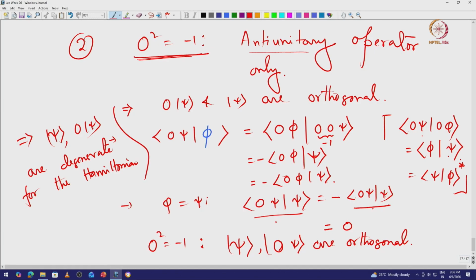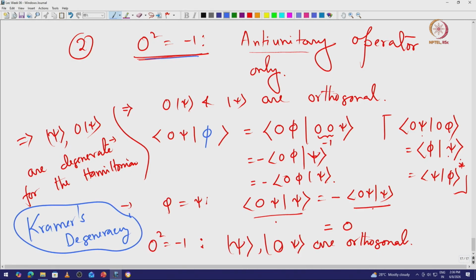So every energy eigenstate will then be degenerate for this case, and this is called Kramers degeneracy. Okay. So this is the distinguishing fact about an anti-unitary operator with O square equal to minus 1.